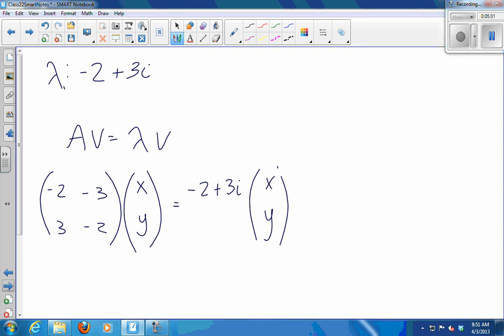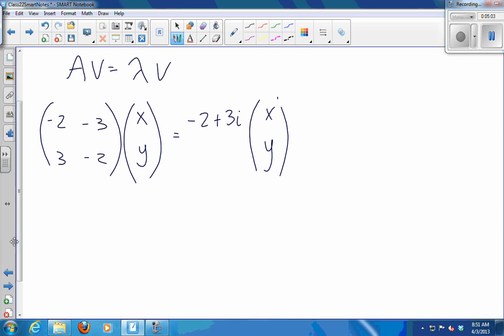So just keep following the same process we always do with the real numbers, and we just have to remember how to do complex arithmetic as we go. Okay, so hopefully that will come back to you as we do this. So we're going to get negative 2x minus 3y equals negative 2 plus 3i all times x, which is negative 2x plus i 3x.